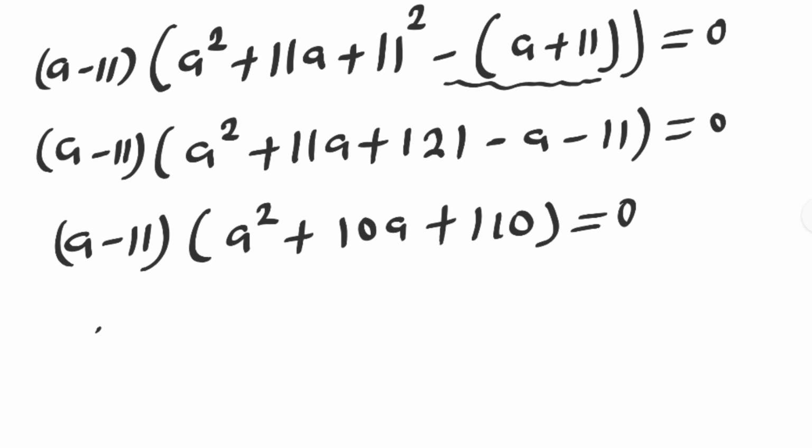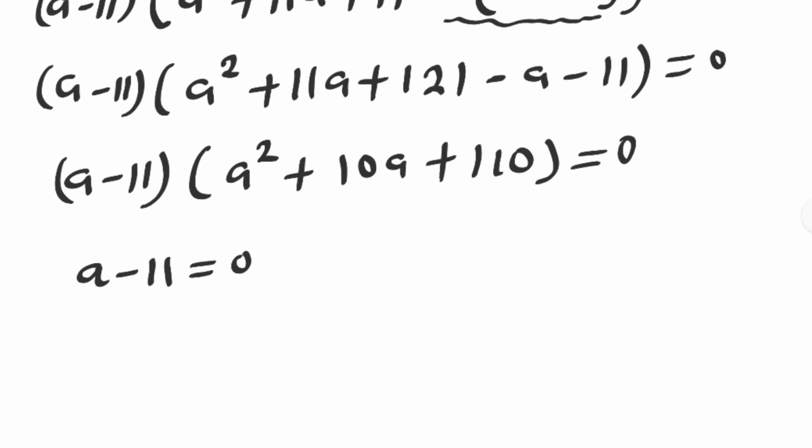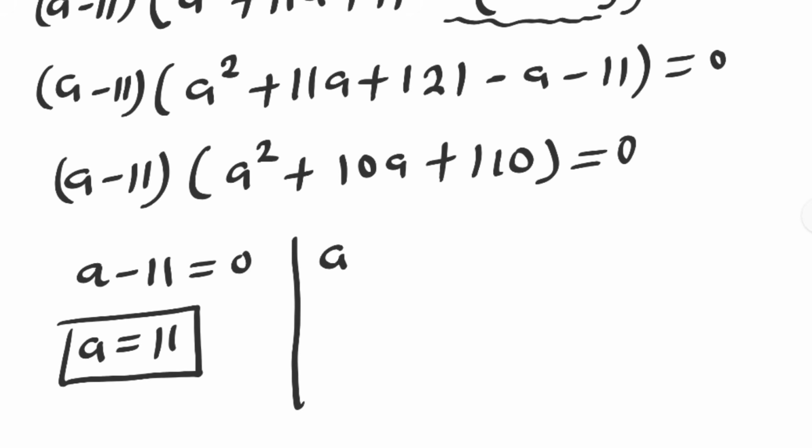The first case is a minus 11 is equal to 0. Therefore, a is equal to 11. This is the first value of a. And the second case is a square plus 10a plus 110 is equal to 0.